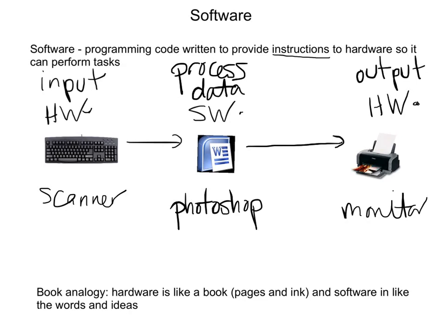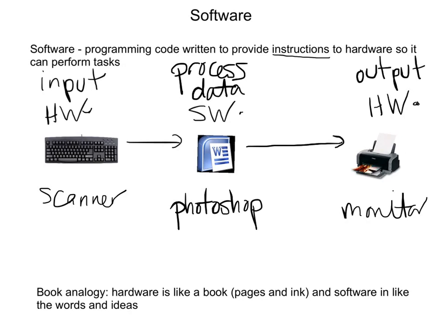Okay? Now your textbook has an analogy. They say that the hardware is like an actual book, like a textbook, with pages and ink in it. But the software is like the words and the ideas. So you have to have both.